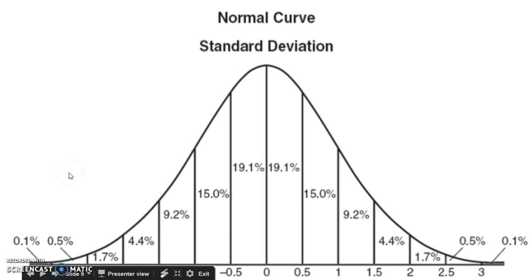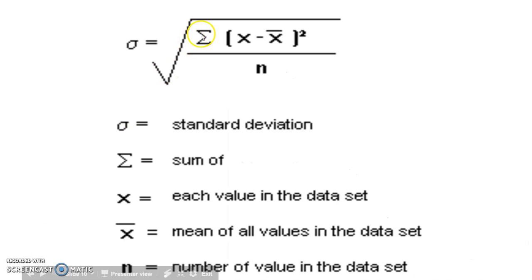In other words, the standard deviation measures how different a set of scores is from the average or the central tendencies. The mathematical formula for standard deviation looks complicated, but if you break it down, you can see that it's really easy to do.